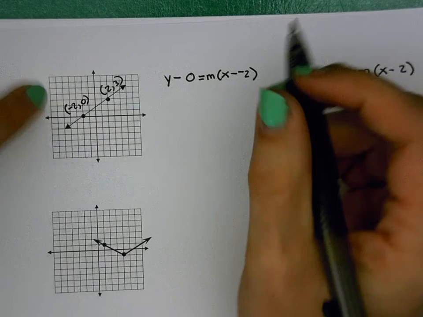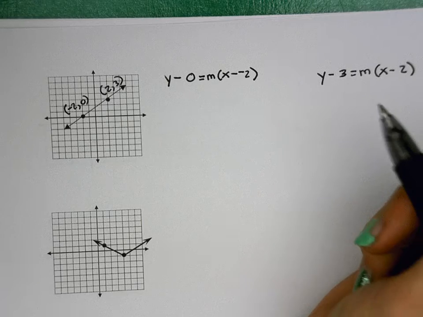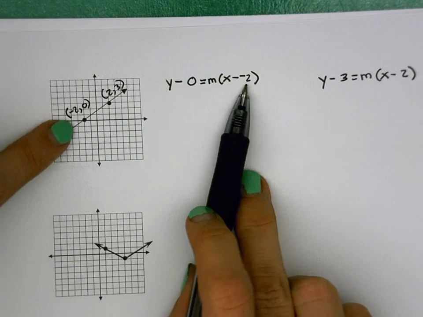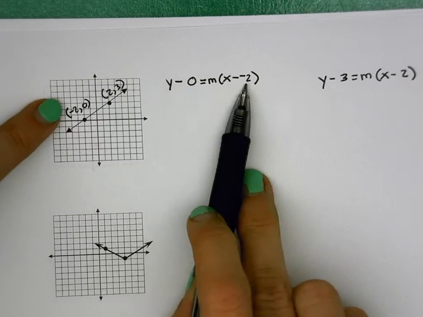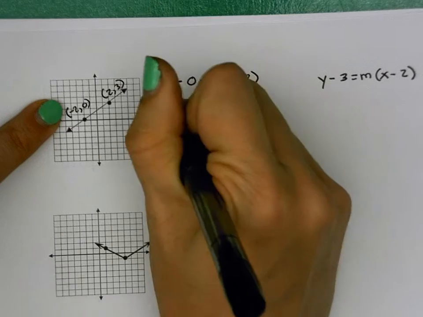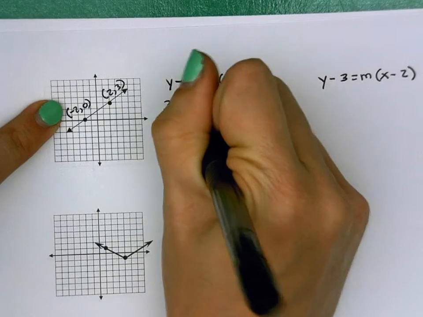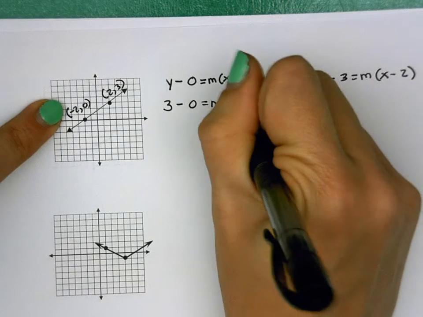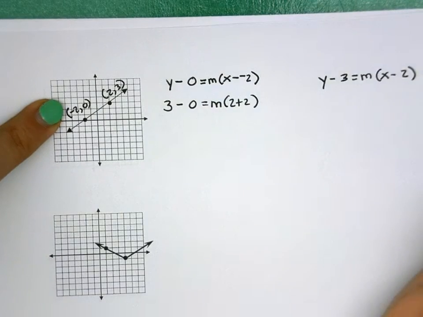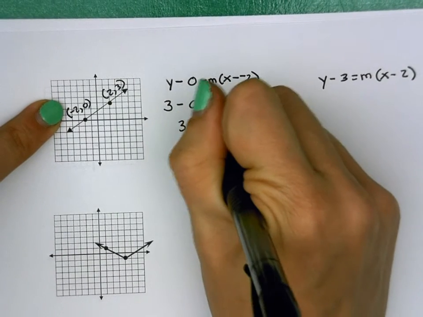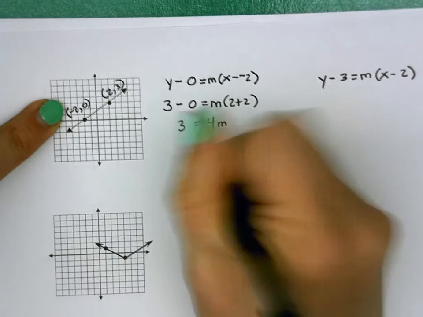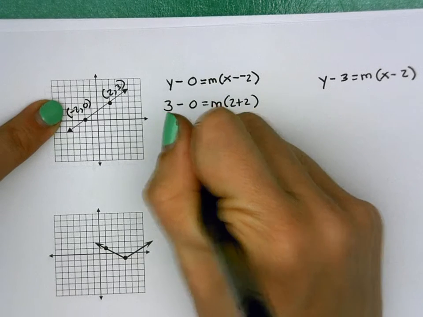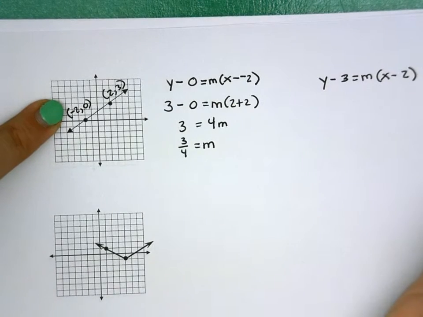Now here's where our other point comes in, because since I used (-2, 0) here, I'm going to use (2, 3) to help me find my slope. 3 for my y and 2 for my x, which means 3 equals 4m, and so my slope is 3/4.